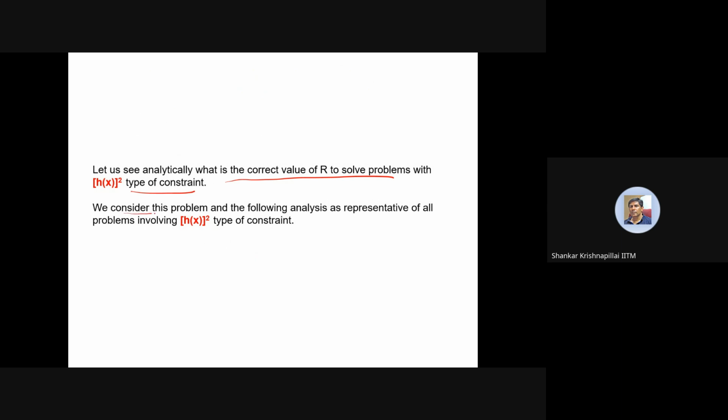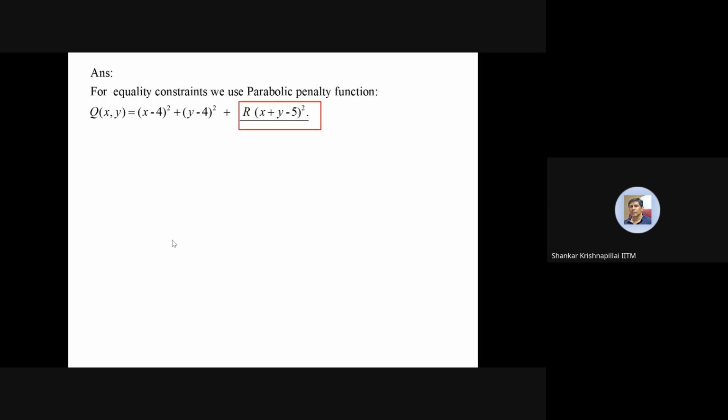We consider this particular worked example, and the following analysis is representative of all problems involving h of x the whole square type of penalty. We are looking at only one example, but the result can be generalized to all equality constraints.